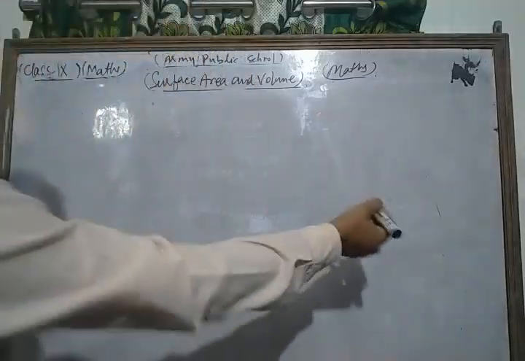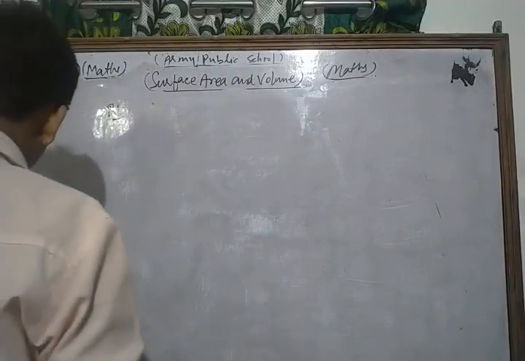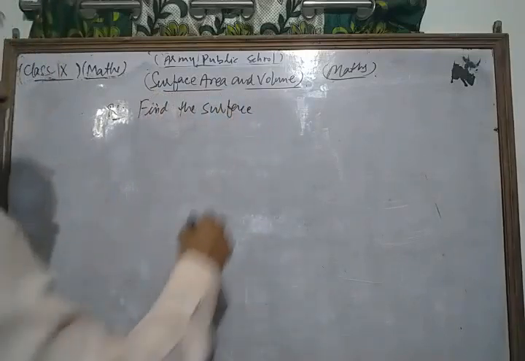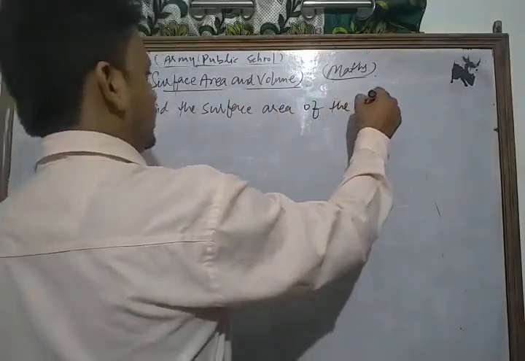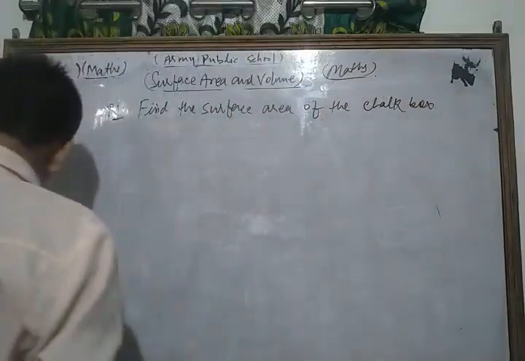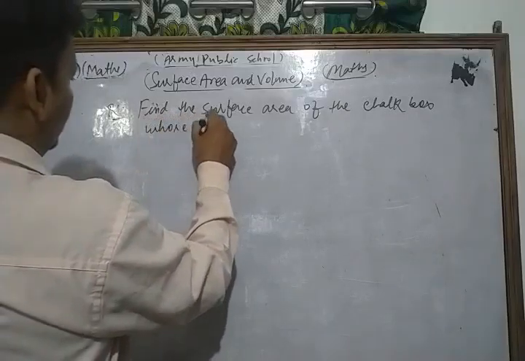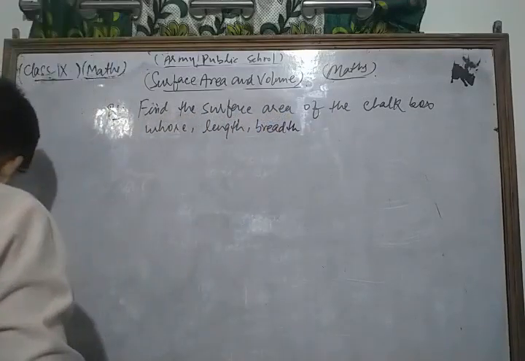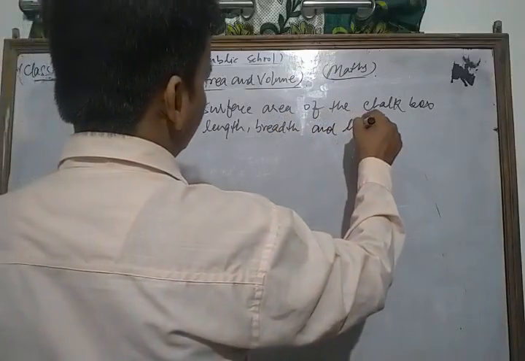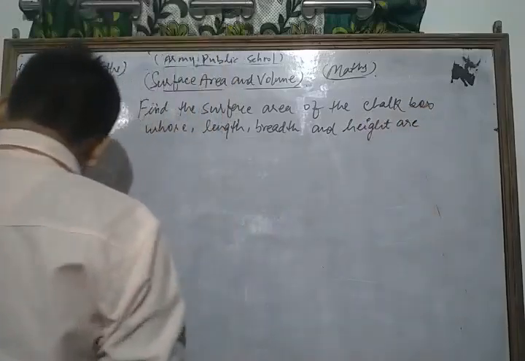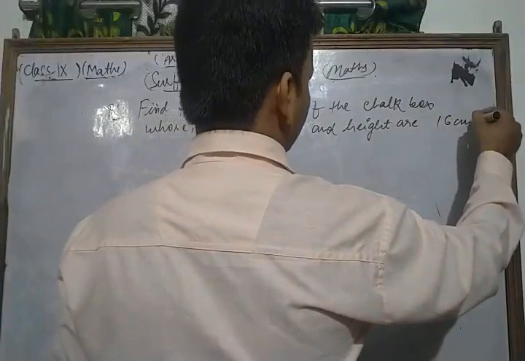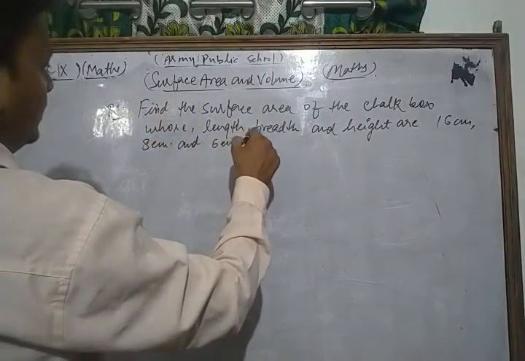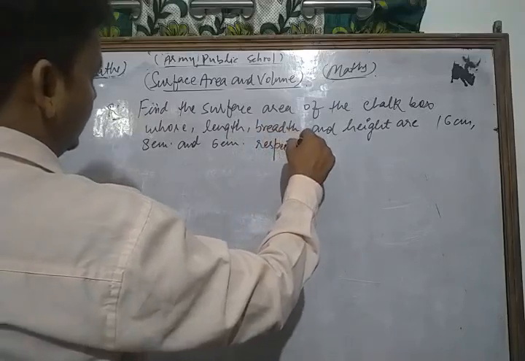Now we take an important question based on these formulas, and your question is: find the surface area of a chalk box whose length, breadth, and height are 16 centimeter, 8 centimeter, and 6 centimeter respectively.